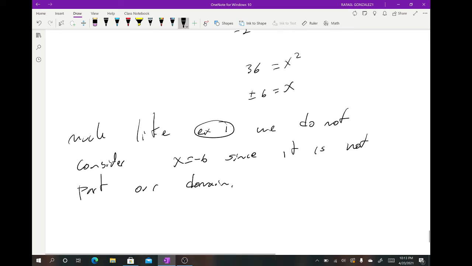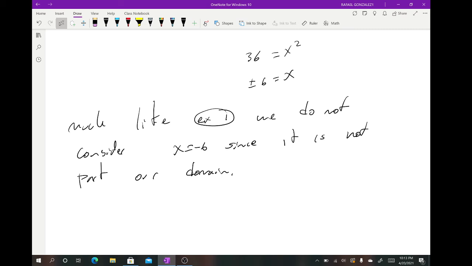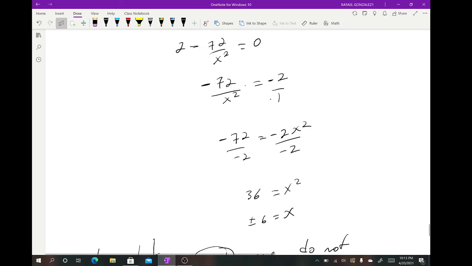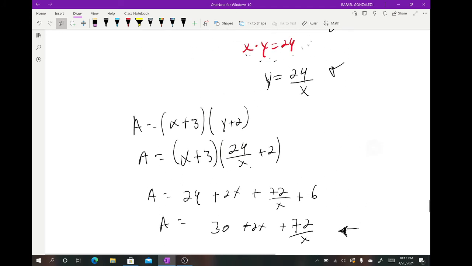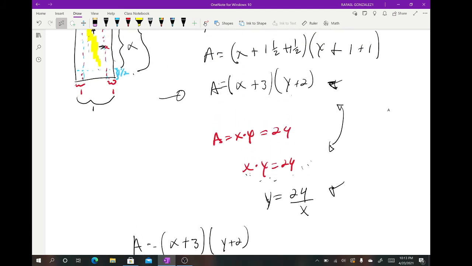All right. Well, now that we have found a value for x, what can we do? Well, we can actually plug into one of the equations that we have. Now, you could plug into this equation, but that will actually be much more complicated.